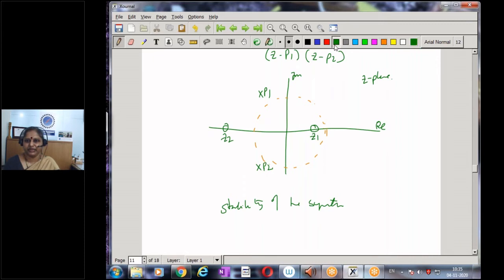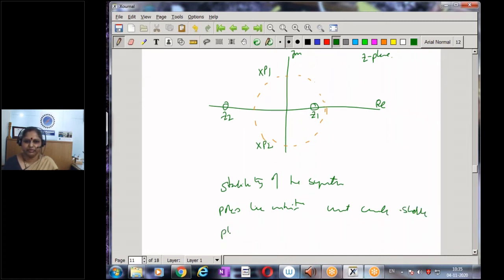If the poles lie within the unit circle, the system is stable. And if the poles lie outside the unit circle, the system is unstable.